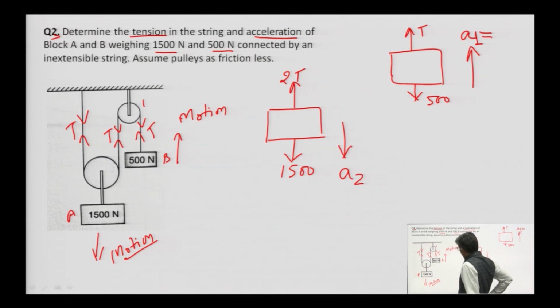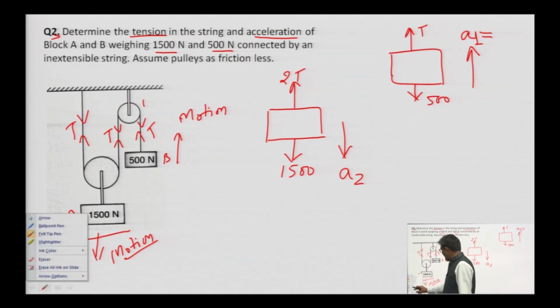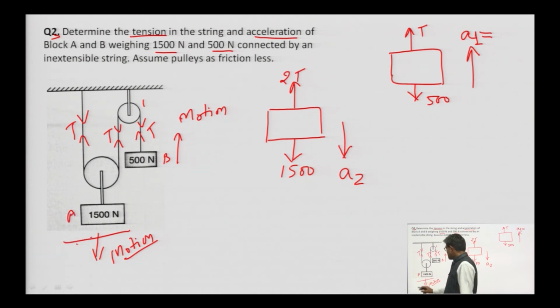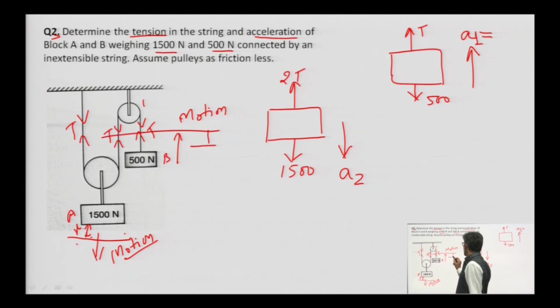Let us take an example: if this block is going down by x distance, how much distance will this block move? This block will move double, 2x.